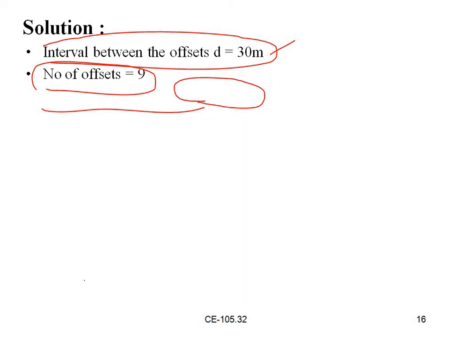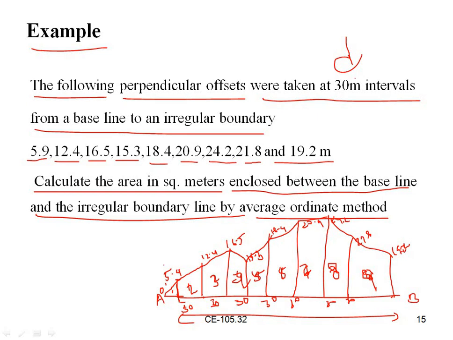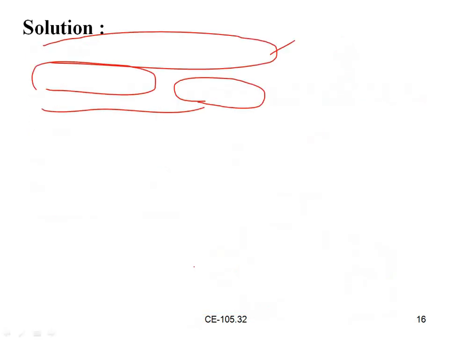Because the equal intervals given as per the measurements are how many? 1 2 3 4 5 6 7 8 9. The outside offset is the 19.2. Where is the last distance? So that's why we are taking 9 minus 1, 8.